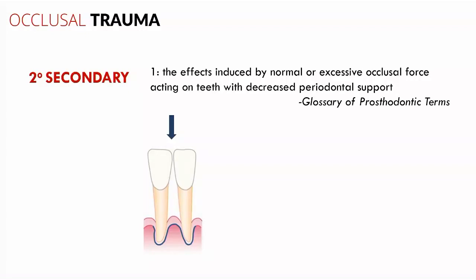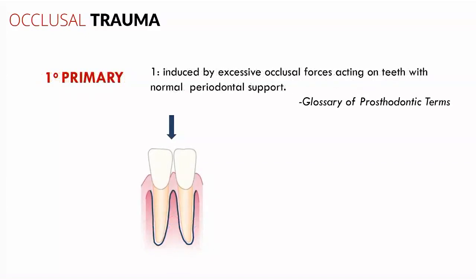If we go back a bit, let's define primary occlusal trauma. Well, this is if the bone levels are perfect, but you have excessive force and you're overloading teeth, okay? So for those first two scenarios, when you have a tooth that has hyperocclusion, and we've evaluated their bone levels to be normal, and they're subjected to excessive force, that's primary occlusal trauma, okay?